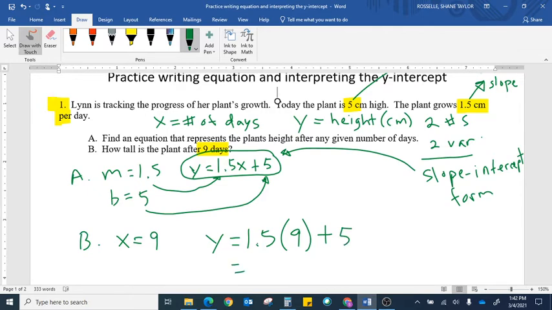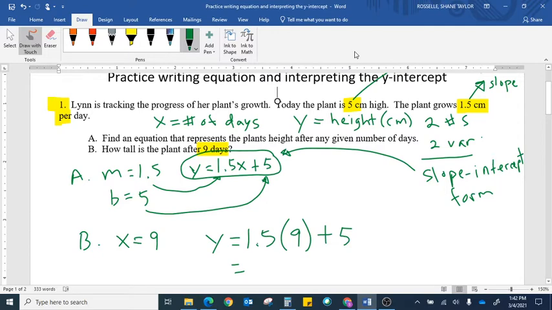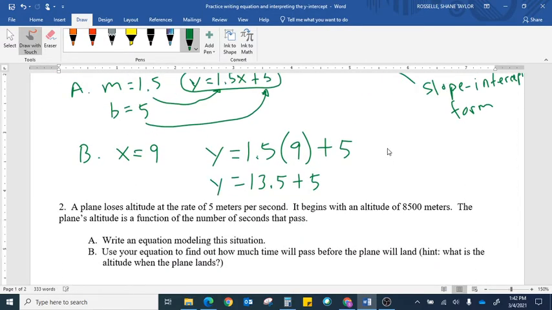So I like to do things vertically, so I'm going to simplify this one step at a time right here. So I'm going to say 1.5 times 9. I just go to my calculator. 1.5 times 9 equals 13.5, plus 5. And 13.5 plus 5 is going to give me 18.5 centimeters.